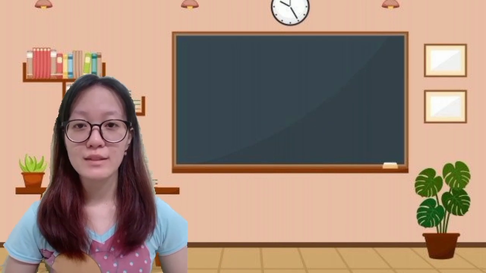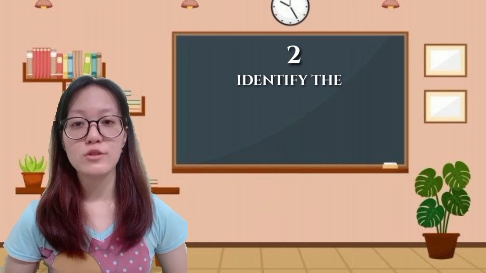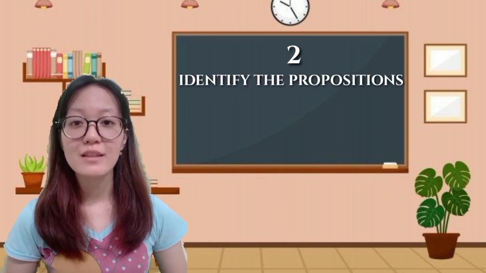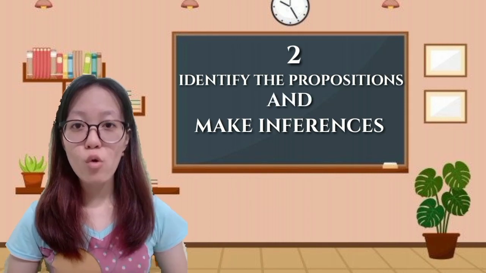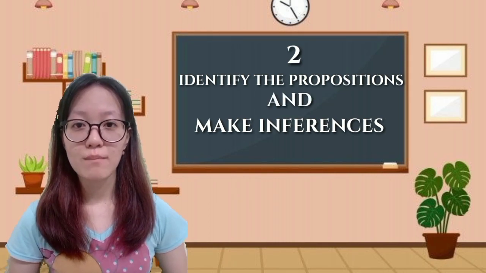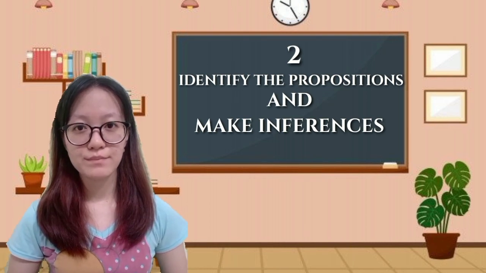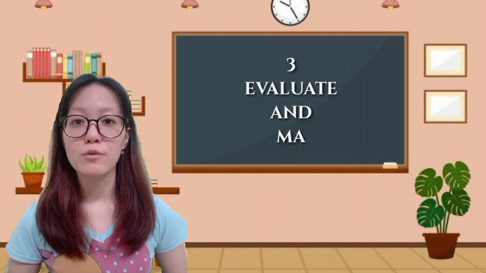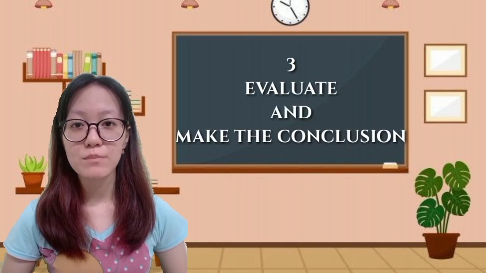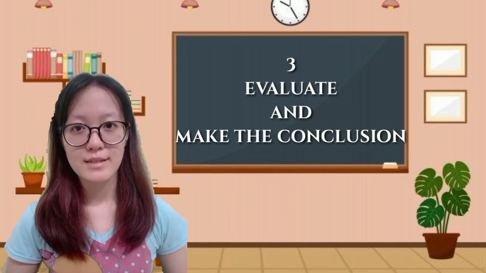After knowing the structure, identify or study the logical propositions and organize them into a chain of inference. So our goal in the second step is to make inferences after knowing the structure. And then the last step is to evaluate the logical propositions that we got from step 2 and try to make a conclusion about the text.